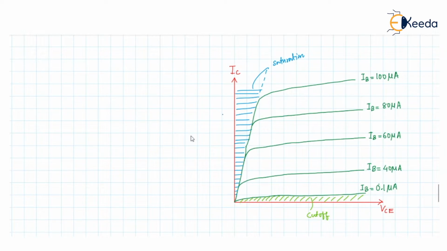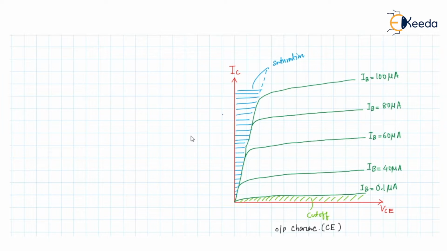As we know, this is the output characteristics of the BJT in CE configuration, and in this plot there are three regions.